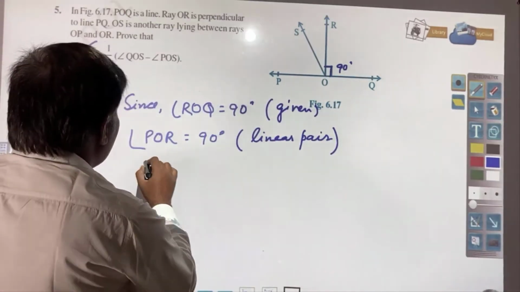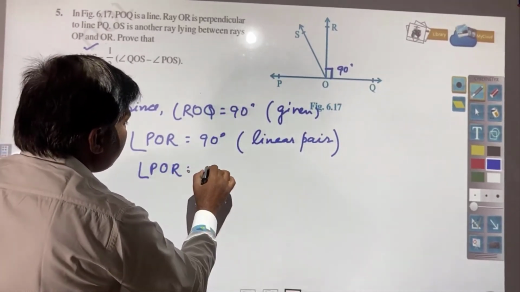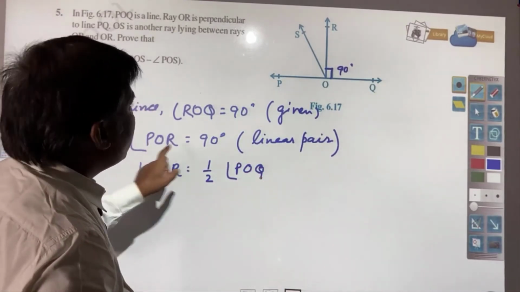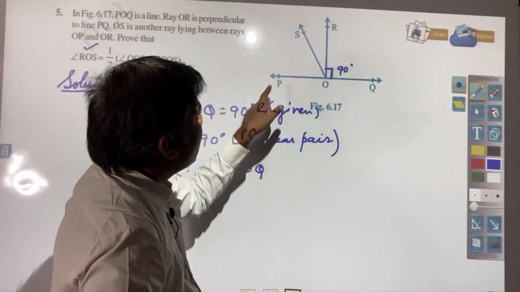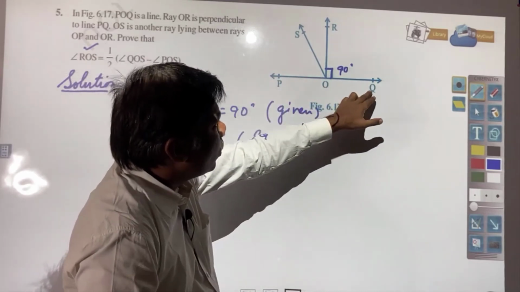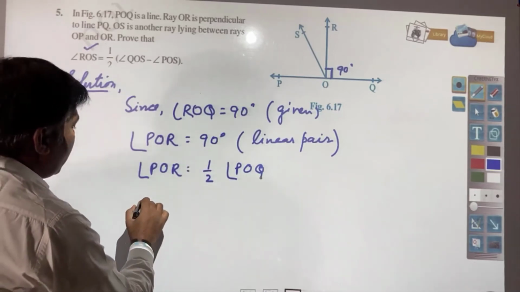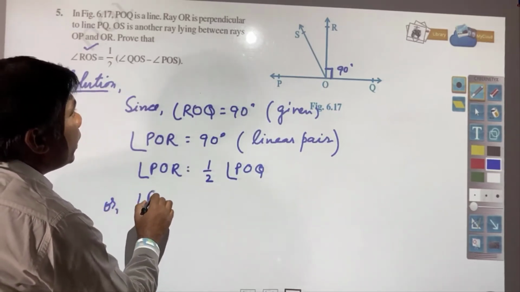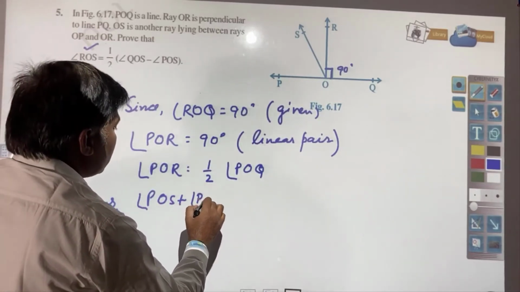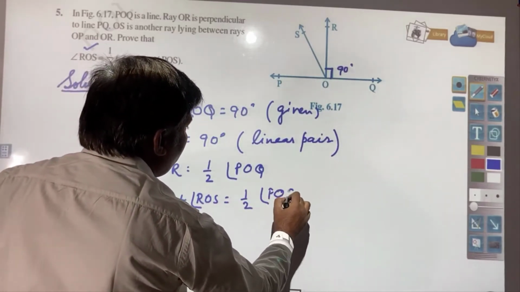Here the angle POR can be written as half of angle POQ. Since POR is equal to 90 degrees, POR also can be written as half of angle POQ. POR can be written as angle POS plus angle ROS, and that is equal to half of angle POQ.